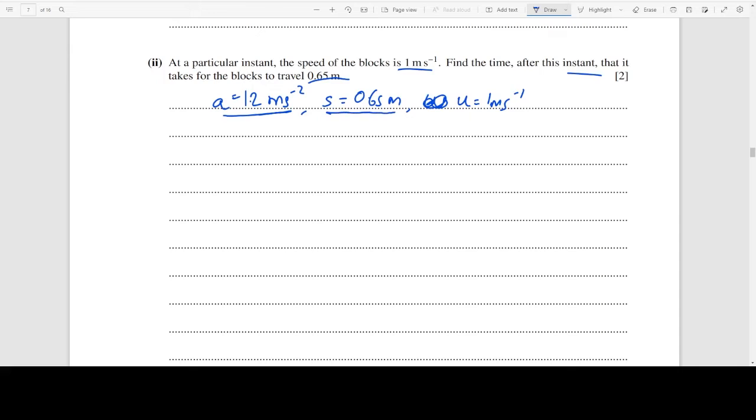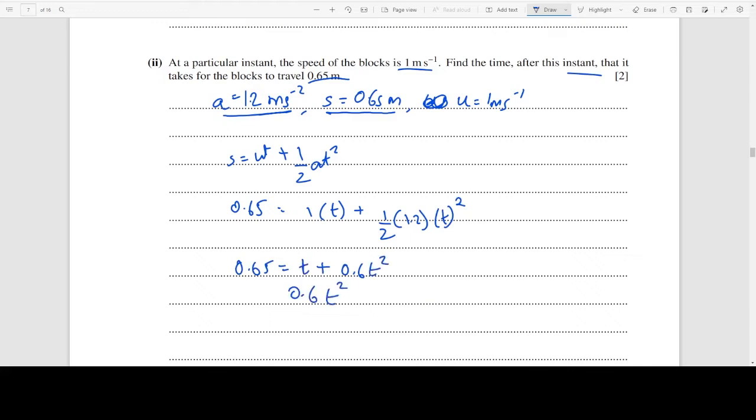So we can just use s equals ut plus half at squared. So 0.65 is equal to 1 into t plus half a into t squared. We'll get a quadratic: 0.65 equals 1 into t plus 0.6 t squared. So 0.6 t squared plus t minus 0.65 equals 0.